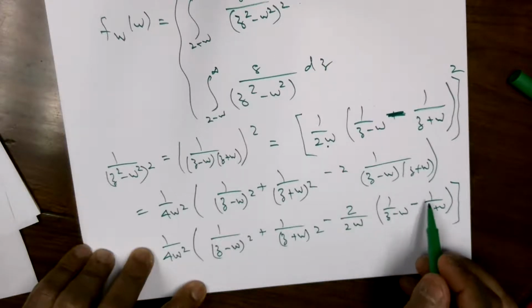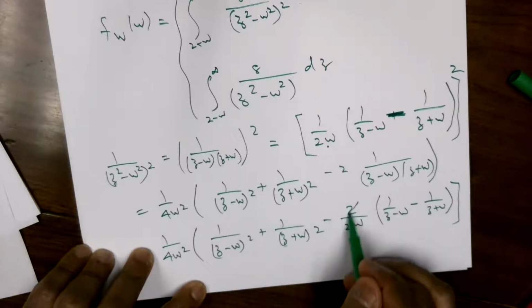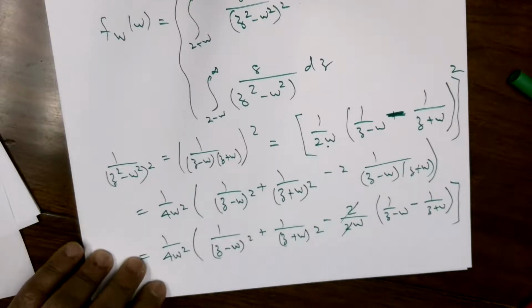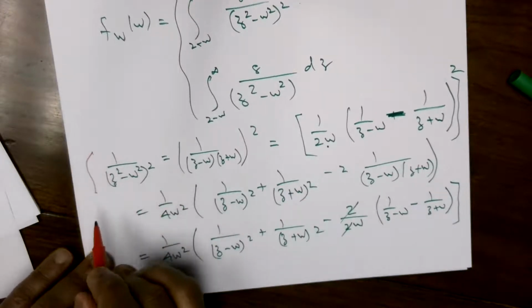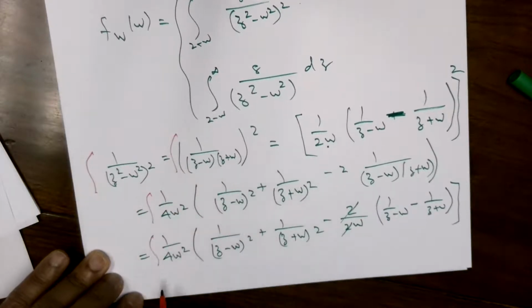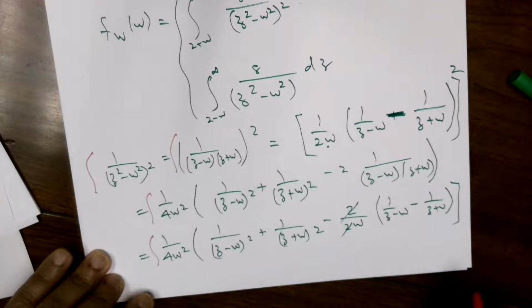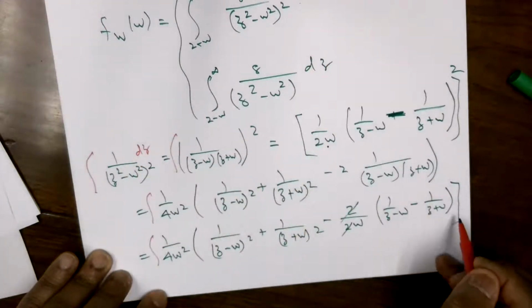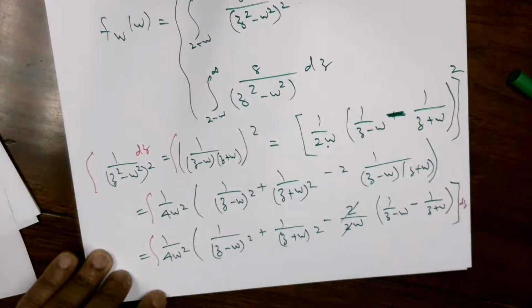The z cancels, and 2w cancels, 2 cancels, so you get this term. So we will just integrate this, and remember, integration is with respect to dz. So we'll integrate and then put the proper limit.